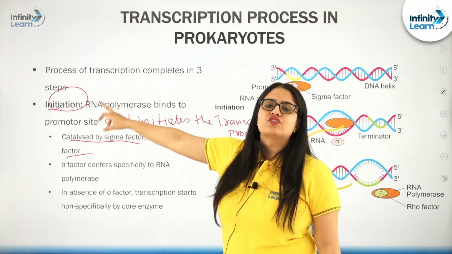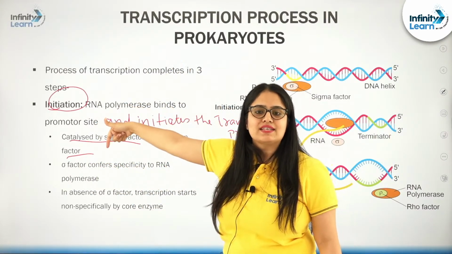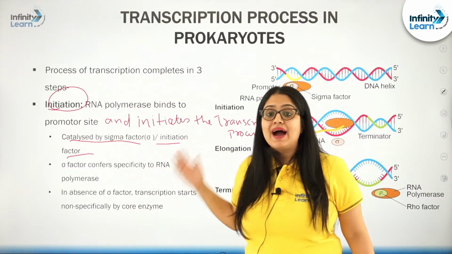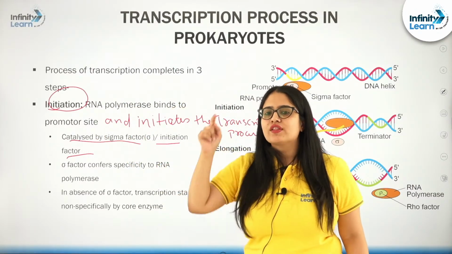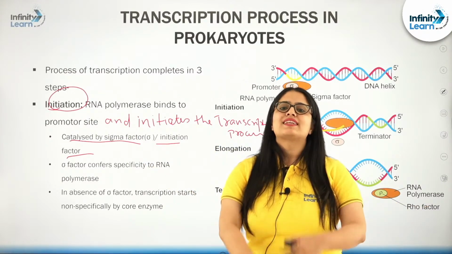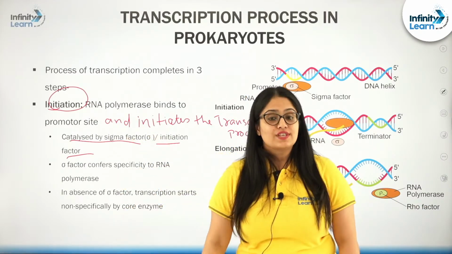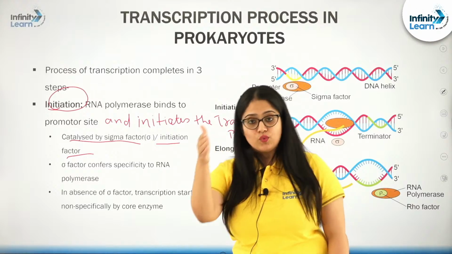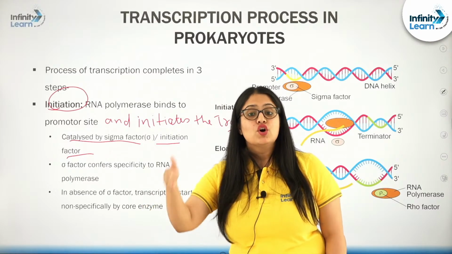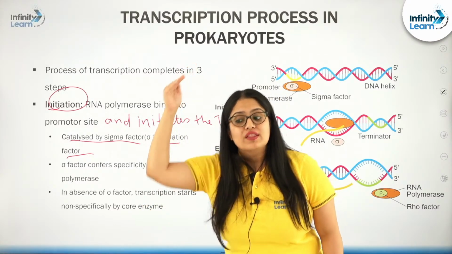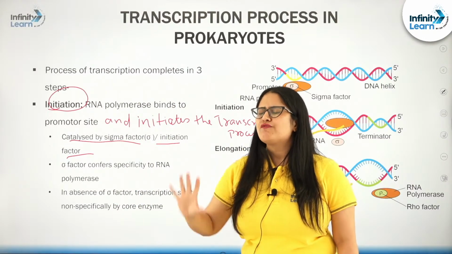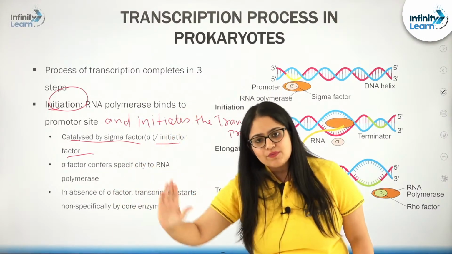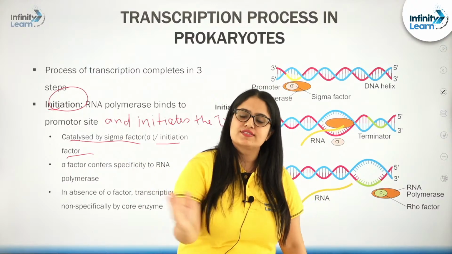Initiation of the transcription process is catalyzed by sigma factor, or the binding of the RNA polymerase to the specific binding sites on the promoter region. Sigma factor will tell RNA polymerase to go and bind on this particular binding site of the promoter region, and from there it can easily start the transcription process.